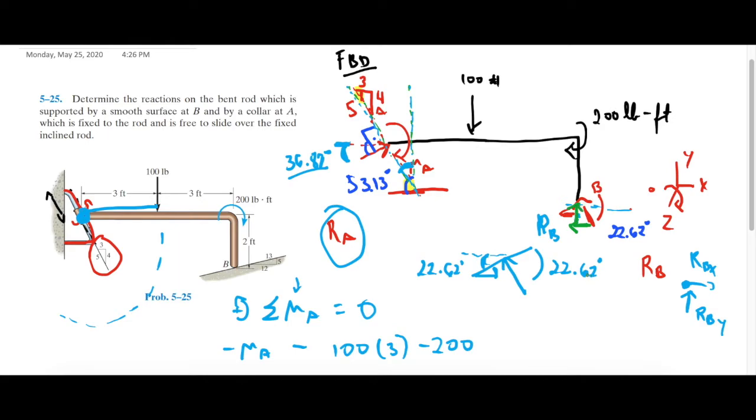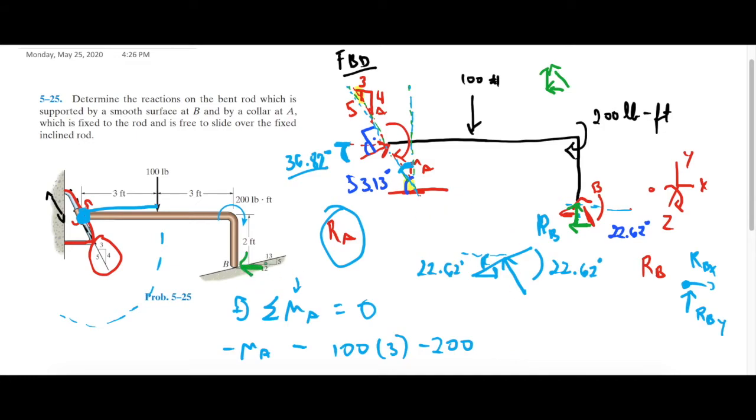These two are going to cause a moment, right? And why I drew them that way is because I defined that reaction to be supporting in that direction. And so it's going to have an x component like that, and the y component is like that. It has to be that way. I can't do it the other way around for either one. That would be incorrect.